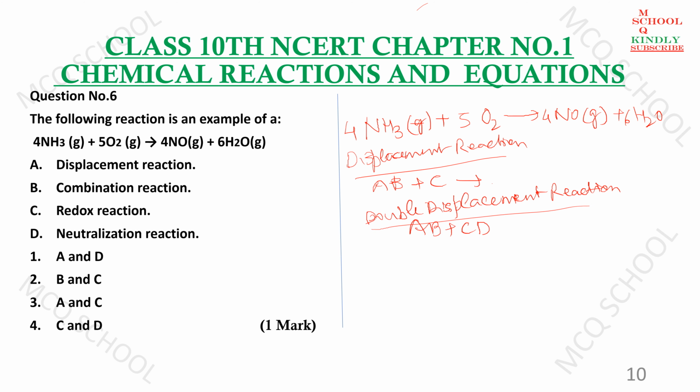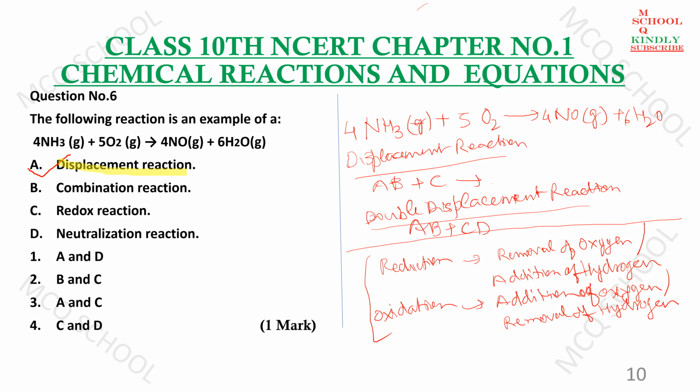So it is sort of a compound, say AB, reacting with C. So this is a case of displacement reaction. In the case of a double displacement reaction, two compounds, say AB and CD, shuffle their partners. So in our case, one of the answers is surely displacement reaction.